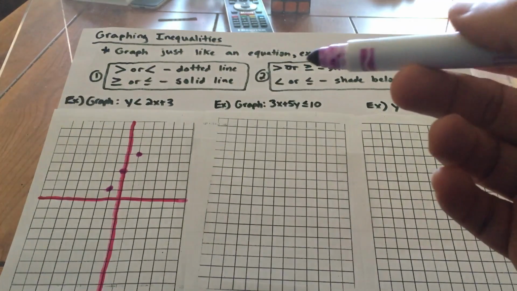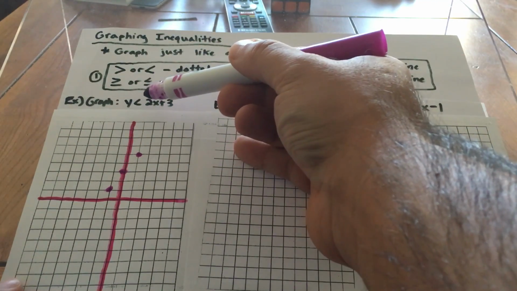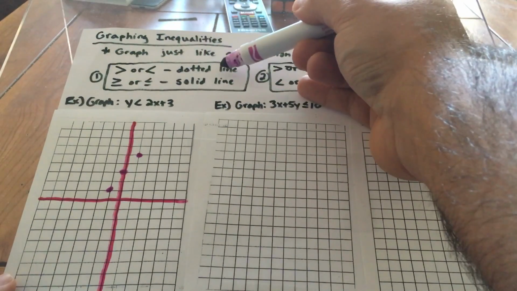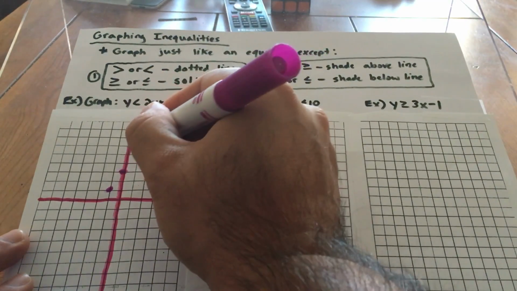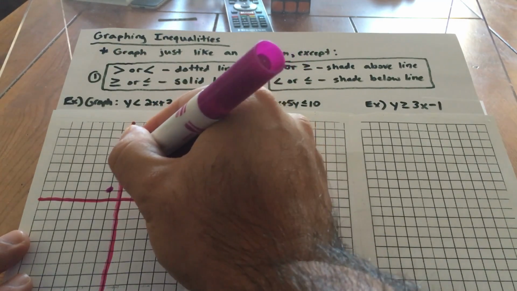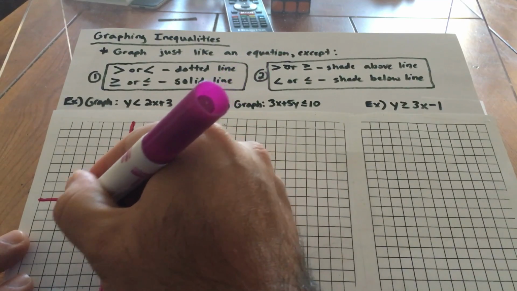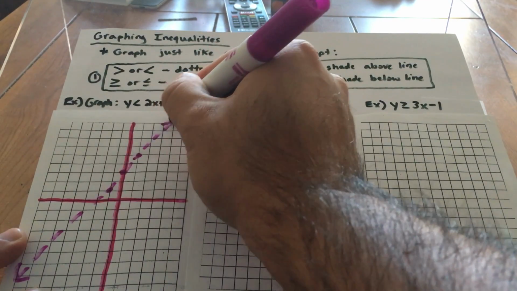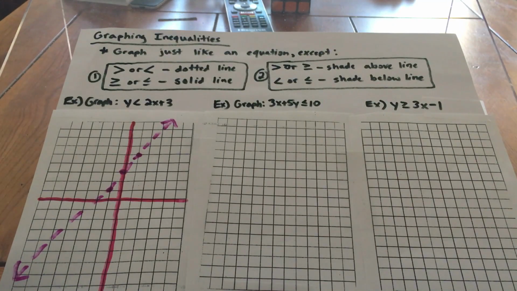So now what we need to do is look at our rules for graphing these. So this is a less than, and up here it says less than means we're going to have a dotted line. So in this case, we're going to have a dashed line through these points. And what that means is that anything on that line is not really considered part of the solution.